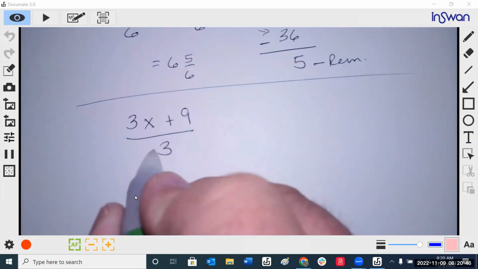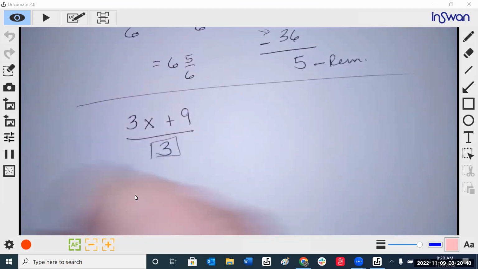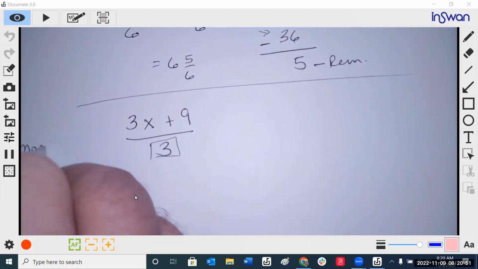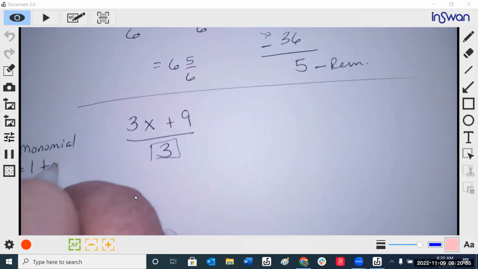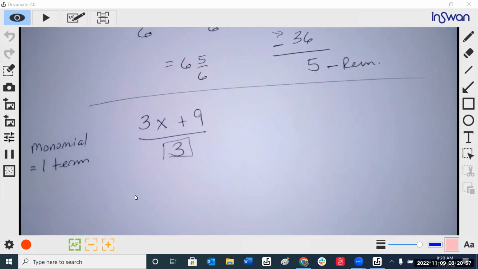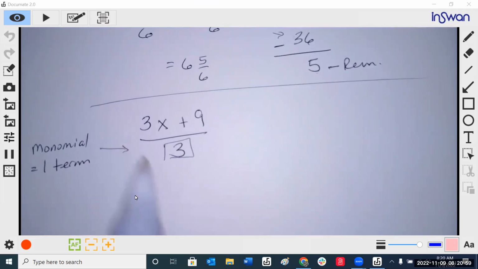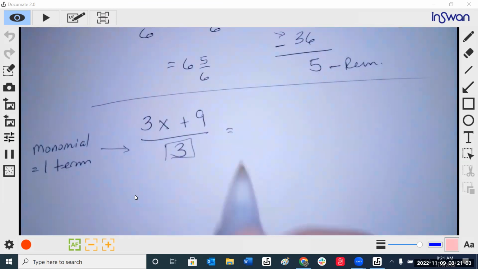When you have a monomial, that means what? Yeah, one term. When you divide by a monomial, what you're really doing is this.